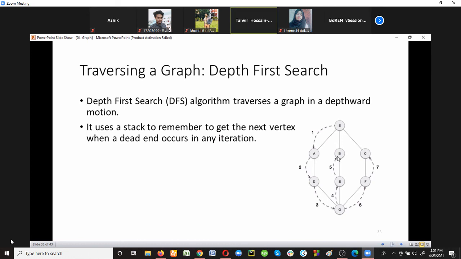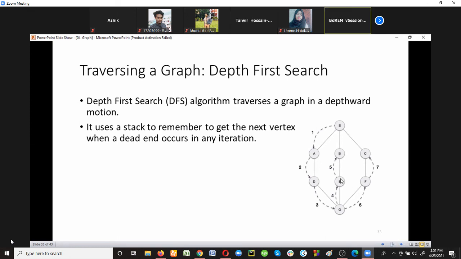Very good. Here, from B to S, although B has an adjacent node, that node is already visited, so there is no other unvisited node of B. Now we have to backtrack from B to which node? It depends on the sequence of the stack.